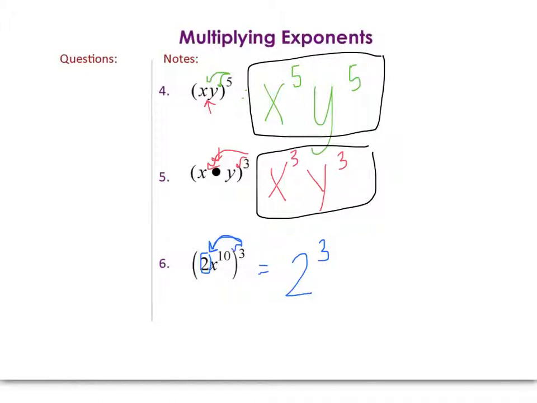And then x, well, x is already raised to the 10th, so it becomes x to the 10 times 3. Why I multiply 10 and 3 and don't add them is because they're connected by a parentheses. So this now becomes 2 to the third, which gives me 8, x to the 30th.